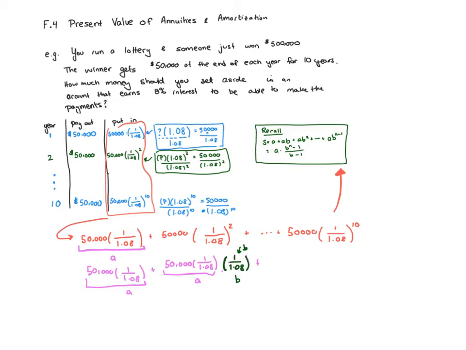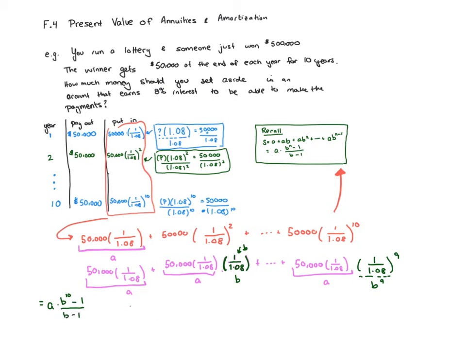So now if we keep going down to this last term, I'll pull off one of those 1 over 1.08s. So I have my A. I've only used one of them, so what's left is 1 over 1.08 to the 9th power. That's my B to the 9th power. So I have A plus A times B all the way down to plus A times B to the 9th power. In my formula, this is equal to A times B to the 10th, the one more than we stopped with, minus 1, over B minus 1.